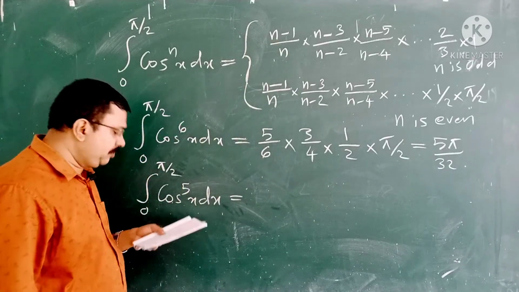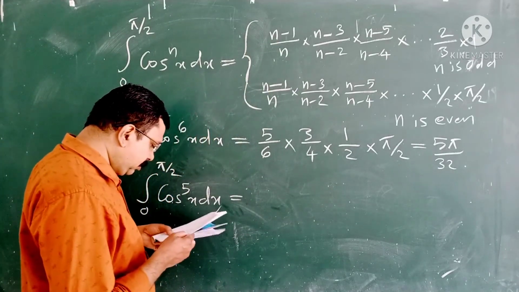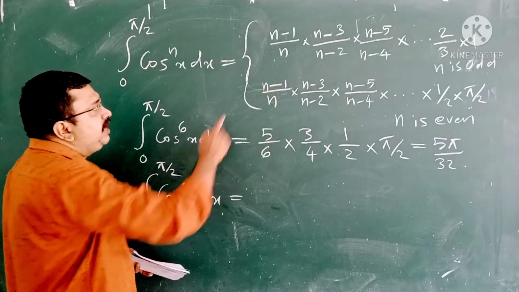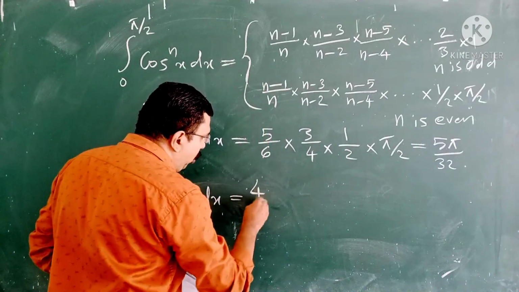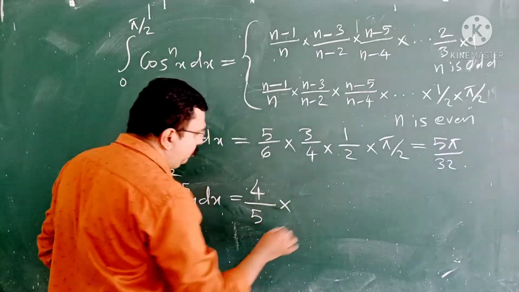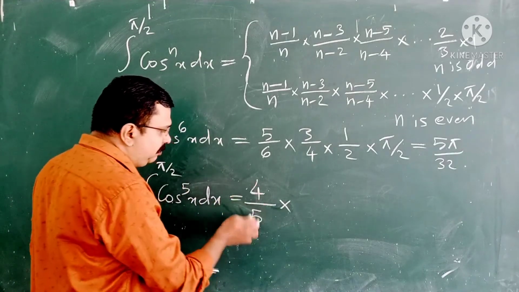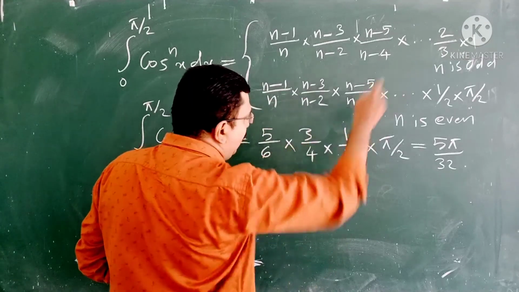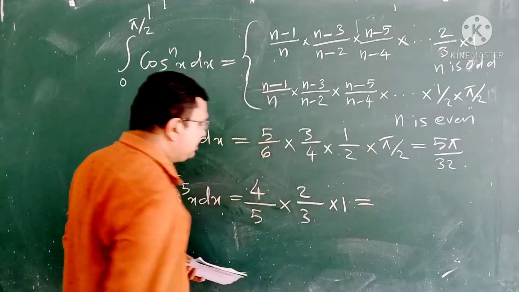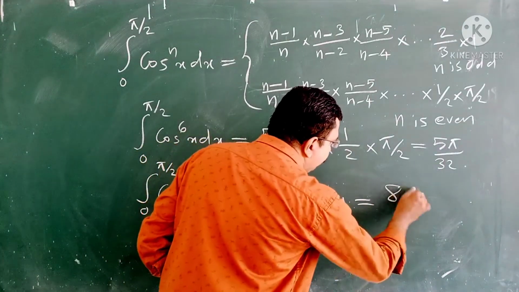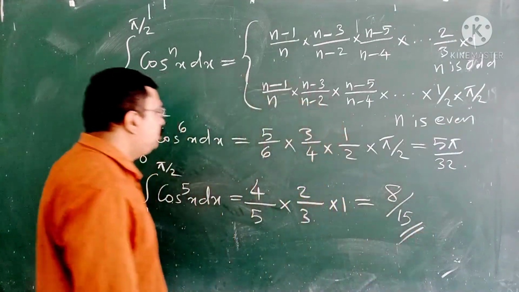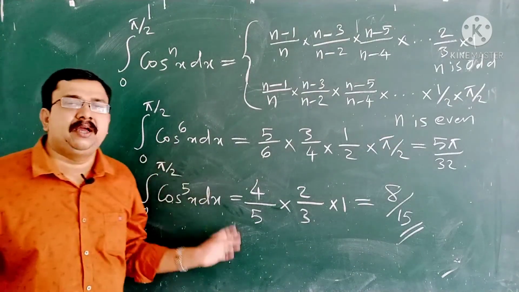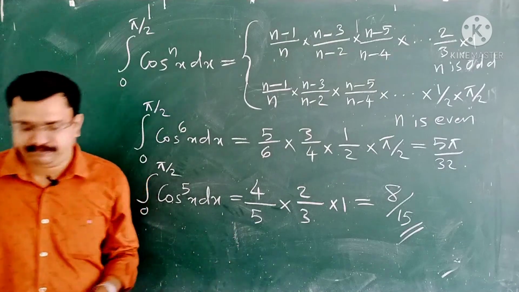Then we get n minus 1 by n, that is n is 5, therefore n minus 1 is 4. 4 by 5 into, next 2 is subtracted from numerator and denominator, 2 by 3. 2 by 3 is the last term, into 1. Therefore its answer is 8 by 15. These are two examples for the reduction formula for cos raised to nx dx. Please write down in your notebook.